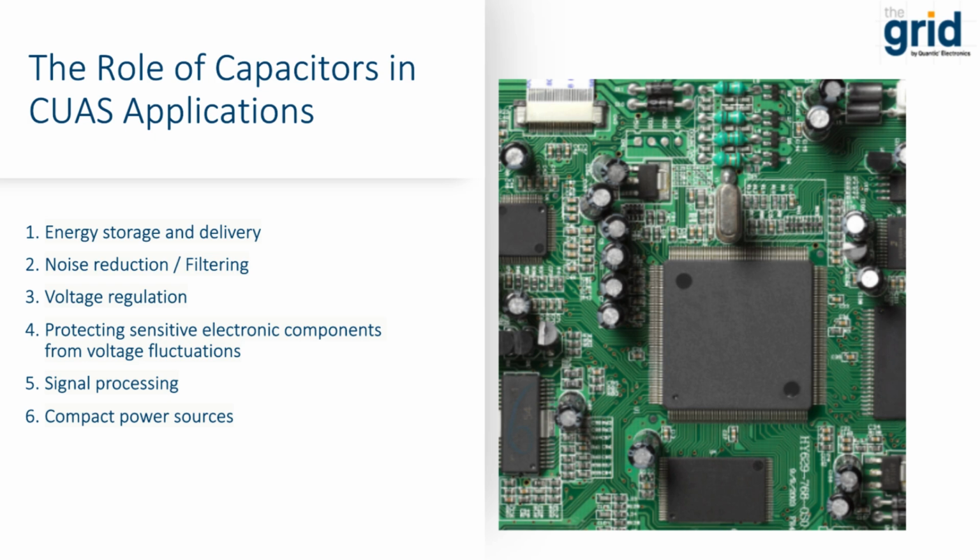In anti-drone weapons, capacitors are used to power high-energy electromagnetic pulse, or EMP systems. These can disrupt and destroy the drone's electronics. A capacitor's ability to rapidly release their energy makes them key in powering other directed energy weapons like lasers and microwave emitters.